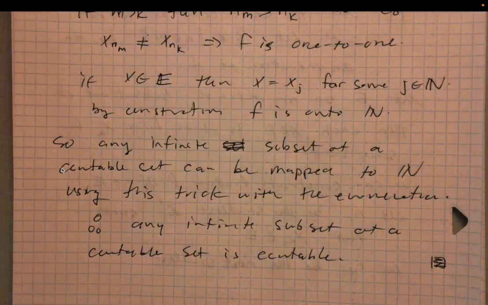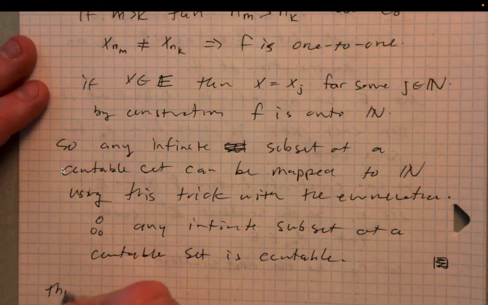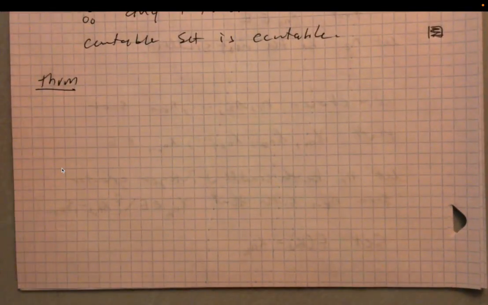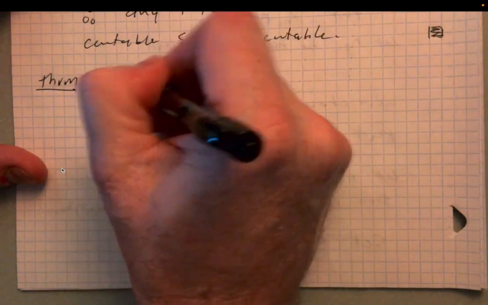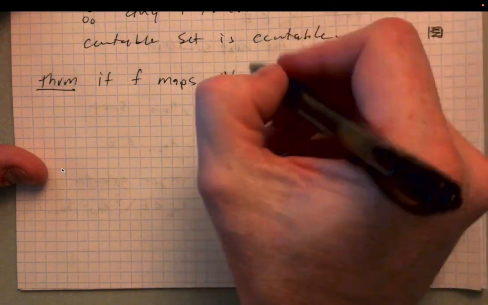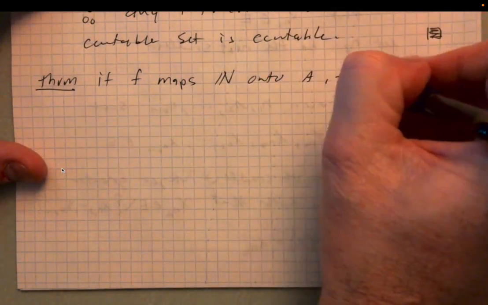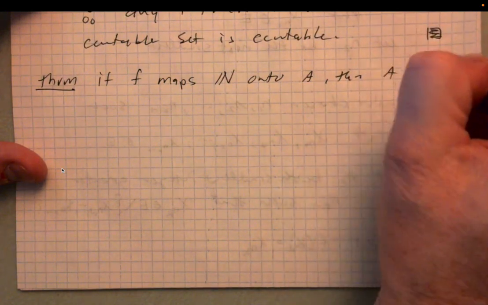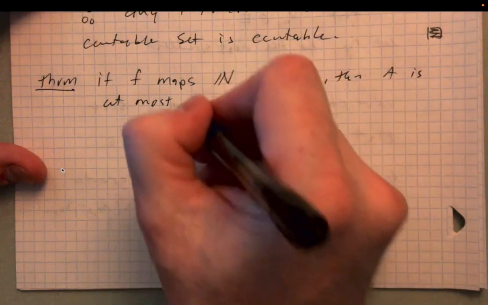So, the next theorem. Let's see, what have we got next here? Okay, the next one says that if f maps the natural numbers onto A, then A is at most countable.